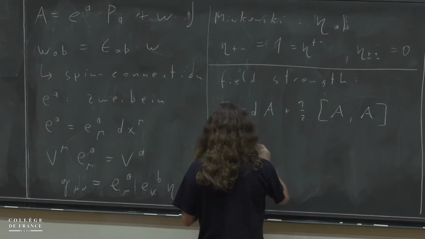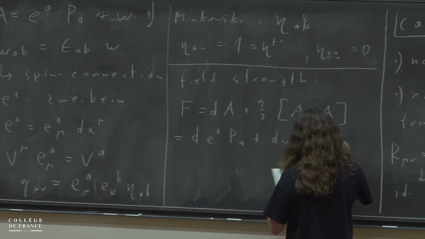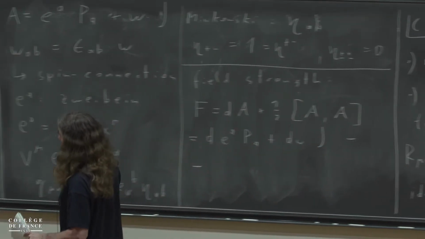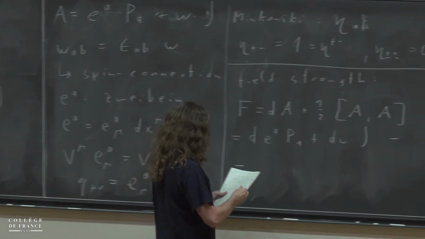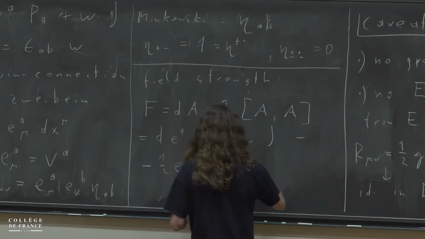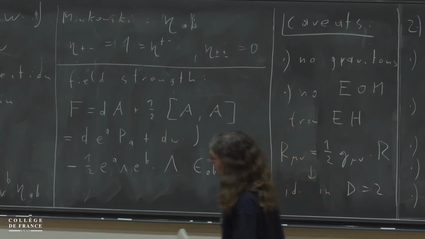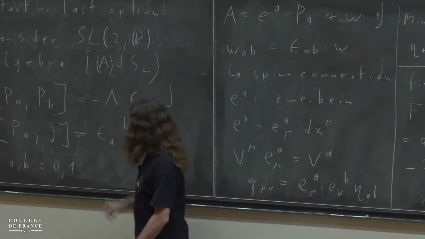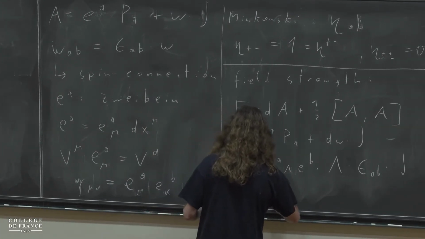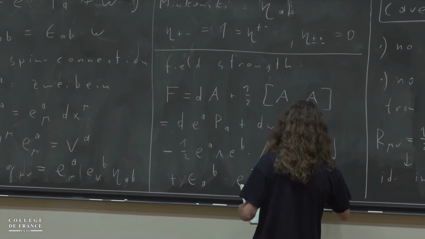We get d EA PA plus d omega times J. And then we get a commutator term involving the 2 P's, so we get minus 1/2 EA wedge EB lambda times epsilon AB times J. And then we get another commutator term involving PA and J, so we get another term plus epsilon AB EA wedge omega times PB.